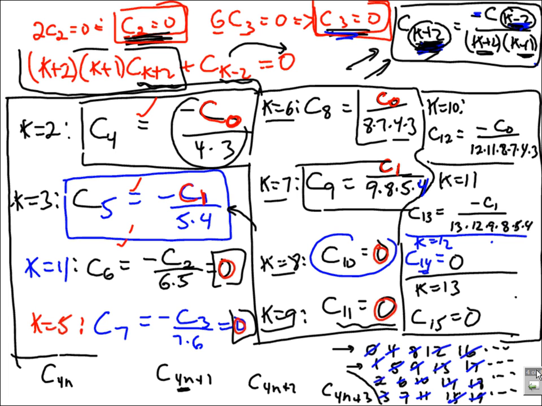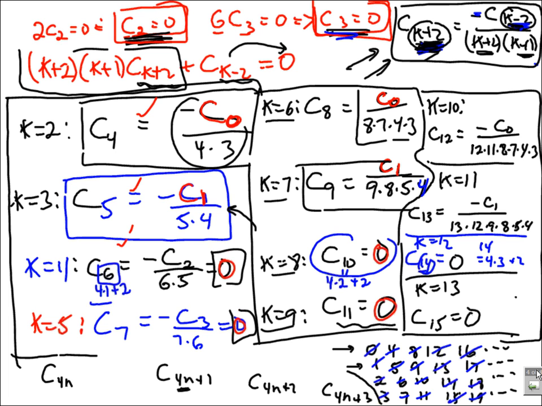Now, if you look at this number, it's 2 more than a number on the 4 table. It's 4 times 1 plus 2. And this number here is 4 times 2, 8, plus 2. And this 14 here is equal to 4 times 3 plus 2.